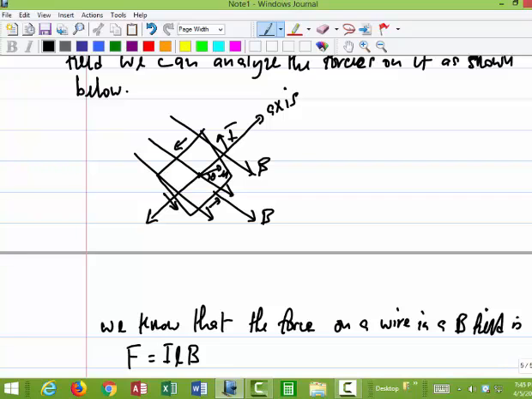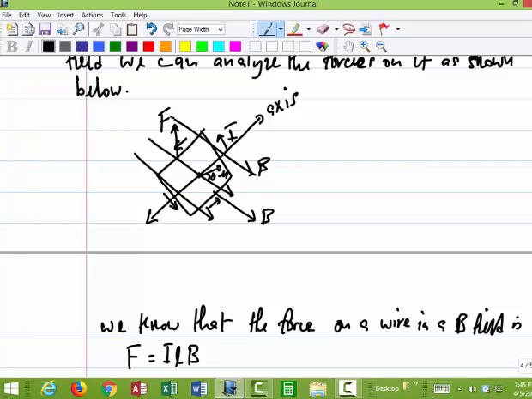So the field is coming this way and the current is this way, so the force is upwards at the top. And then at the bottom, the current is going this way, the field is that way.